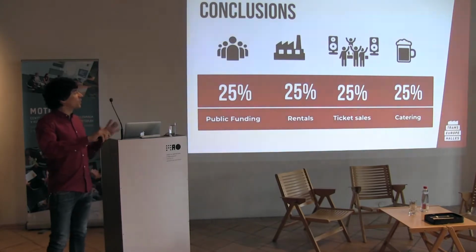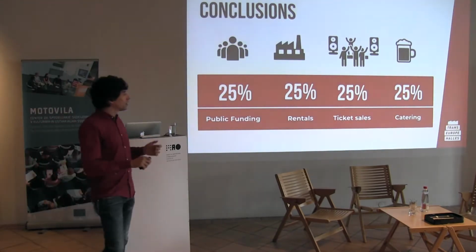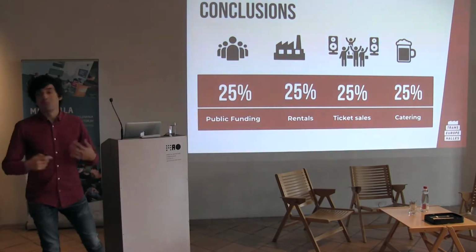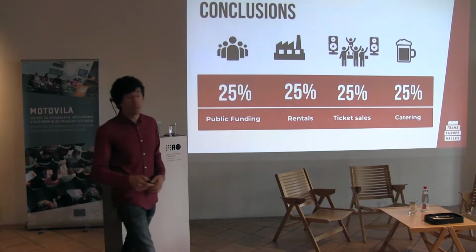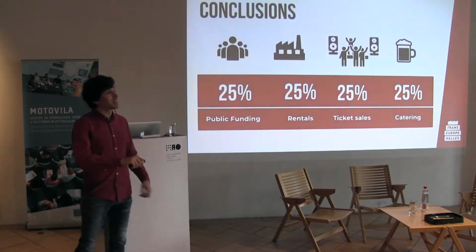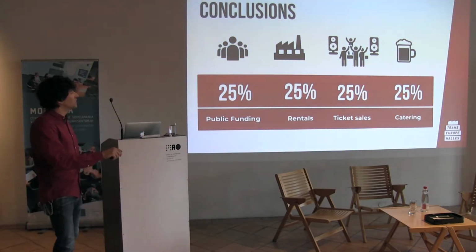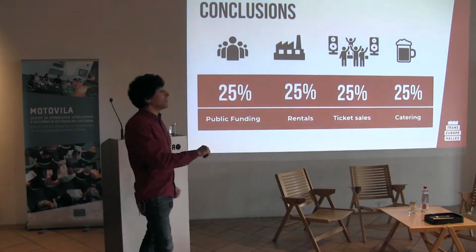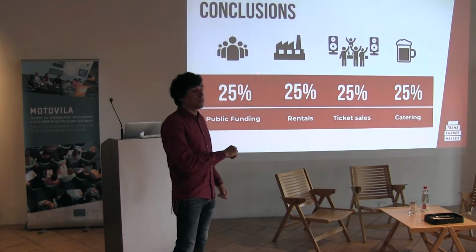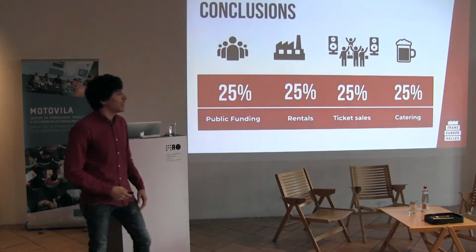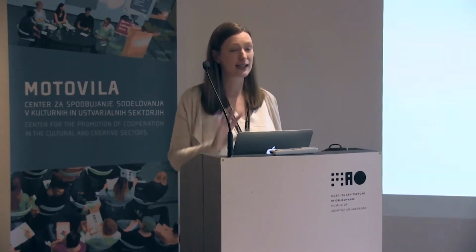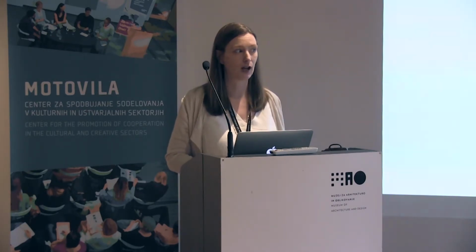So what we found, if we just simplify a lot, is that the beer or catering responds to 25% of the income generated by the centers, the ticket sales more or less 25%, the rental of the spaces the same thing, and the public funding, because there is a big community around the center, is also 1/4.